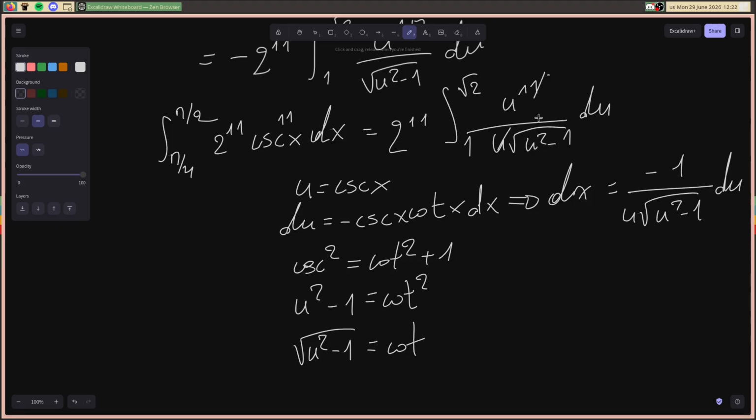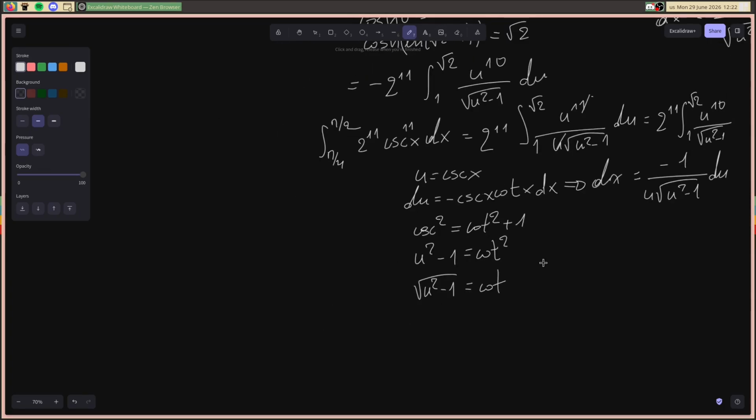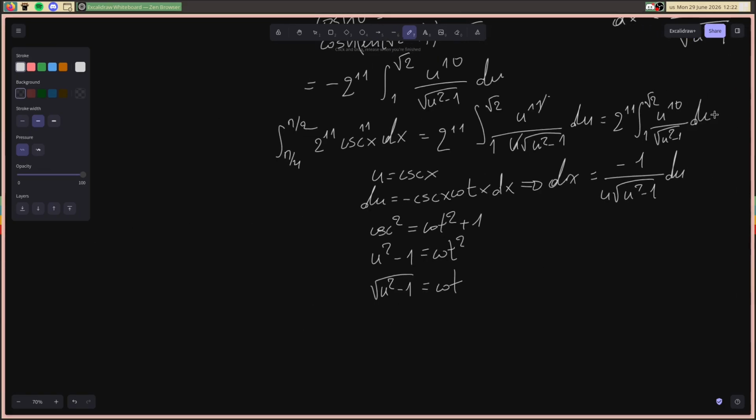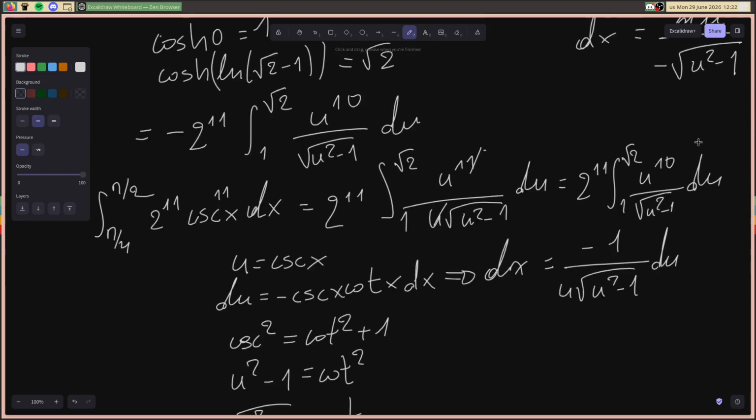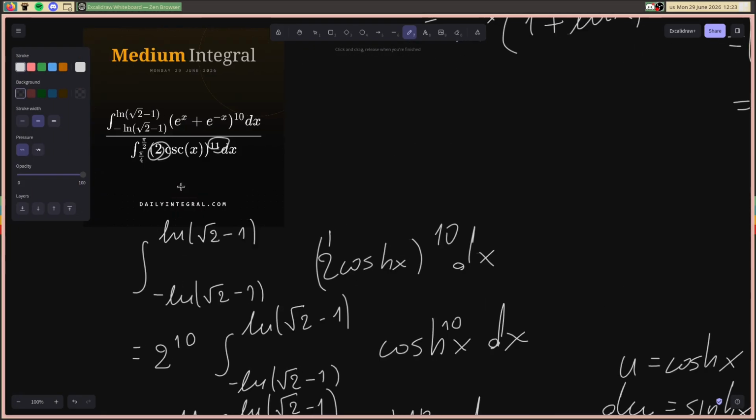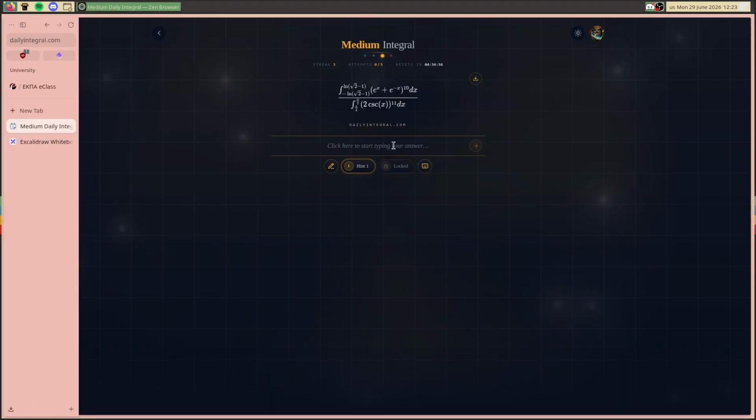The u's are going to cancel, and we end up with 2 to the 11th times the integral from 1 to square root of 2 of u to the 10th over square root of u squared minus 1 du, which, if you notice, is the exact same integral we had here, except without the minus, so the ratio is going to be negative 1.